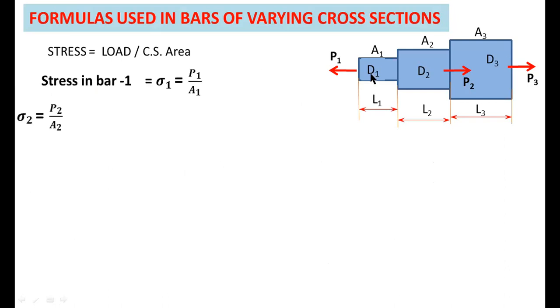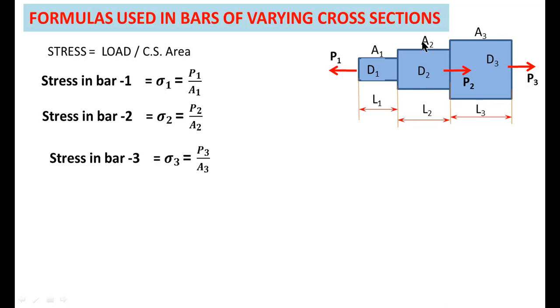Here you can observe this example having three different diameters, D1, D2, D3. That's why different diameters have different cross-sectional areas. So A1, A2, A3 are the corresponding areas, that is pi by 4 D square is the area of each bar. Here the load is also different.